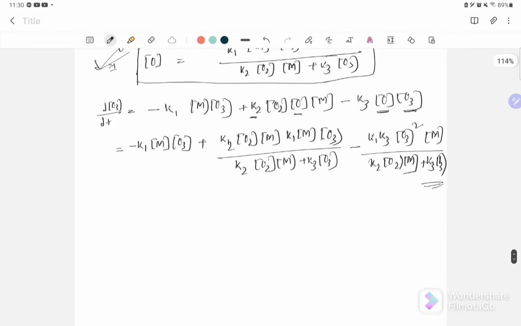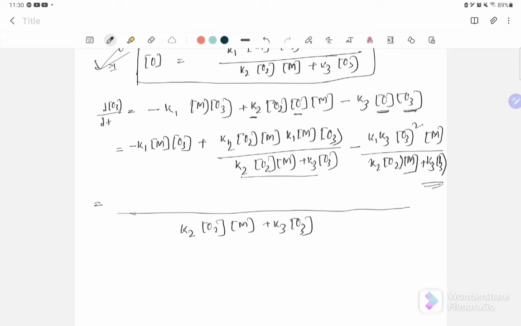So now if we do the simplification, this K3 [O3] term remains. The first term will be multiplying this one with this one, so there will be two terms.